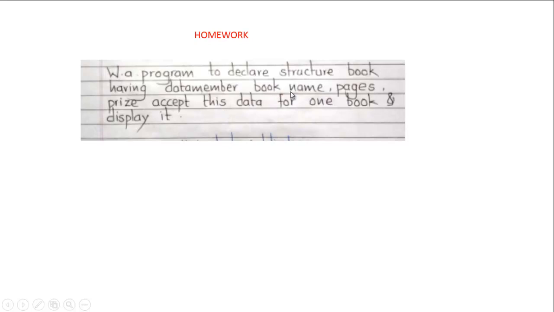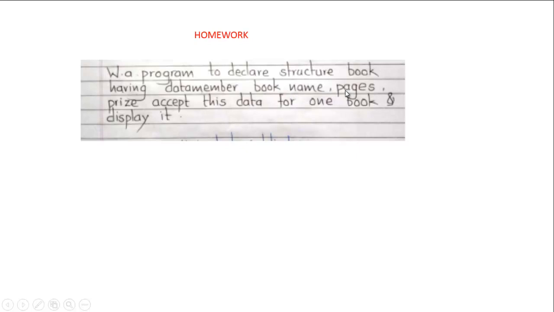Members are book name, you can write it without blank space or as book underscore name, then pages and price. The data type for book name should be character. The name of a book is in words, so it requires a string. You can declare it as char book name with square brackets.